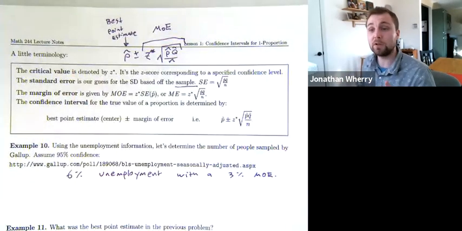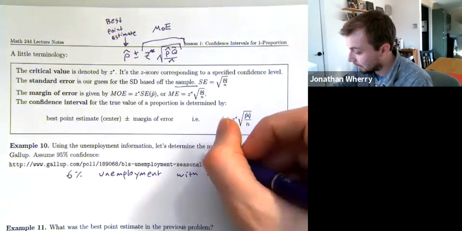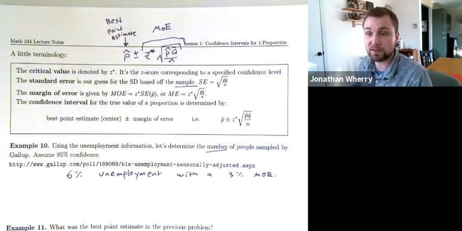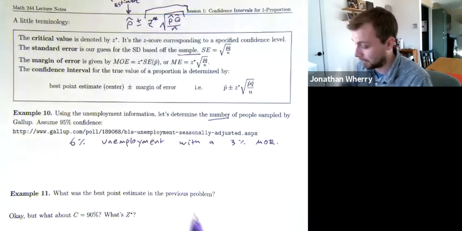What's kind of neat is if I'm really good with the vocab, I can actually discover new things. So for example, I'm going to figure out how many people they asked in this poll. Here's how I'm going to do that.